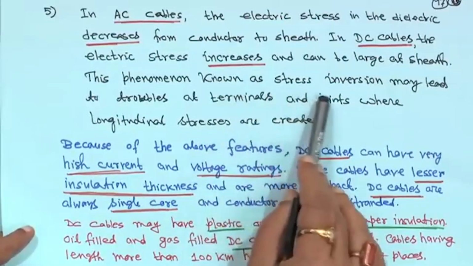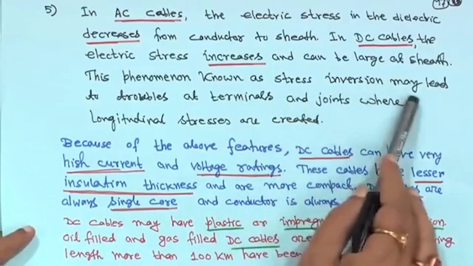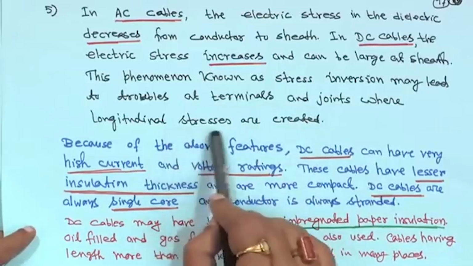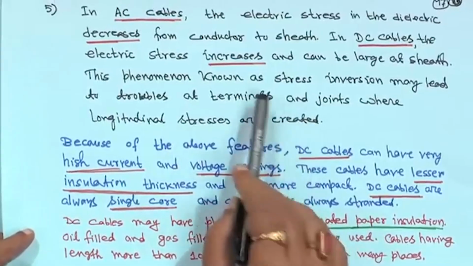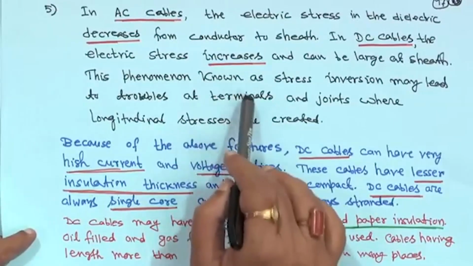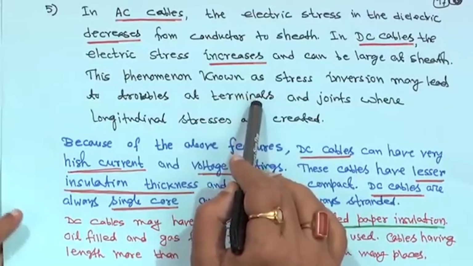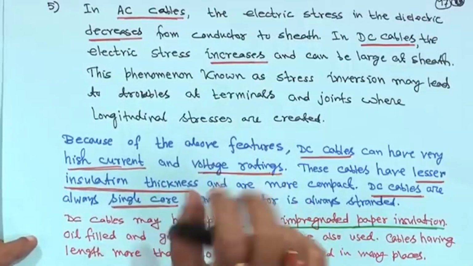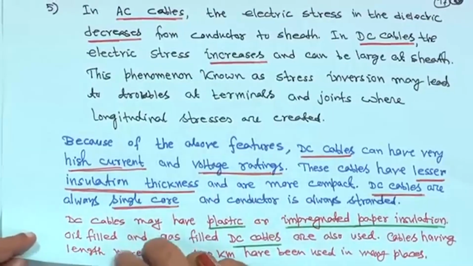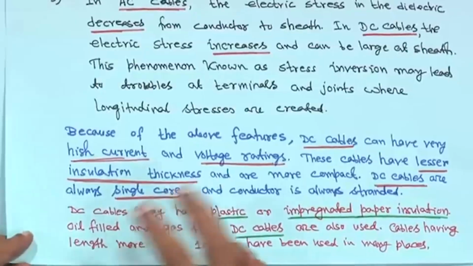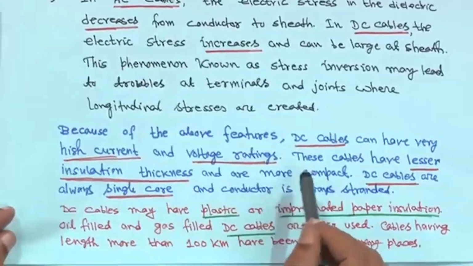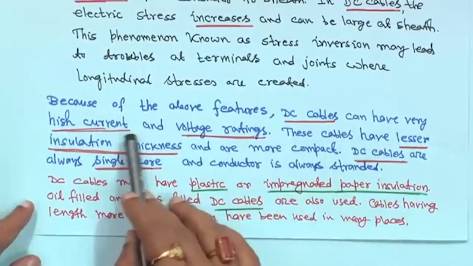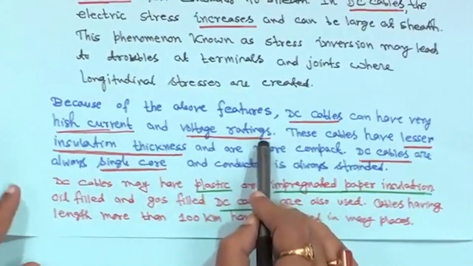This phenomenon, known as stress inversion, may lead to troubles at terminals and joints where longitudinal stresses are created. For HVDC cable, we will not study in detail, just some brief idea regarding HVDC cable. Because of the above features, DC cables can have very high current and voltage rating, right.